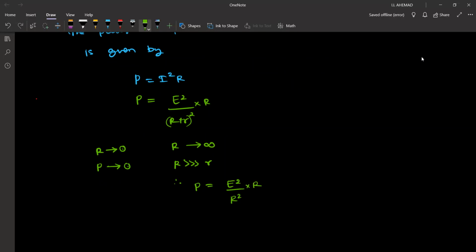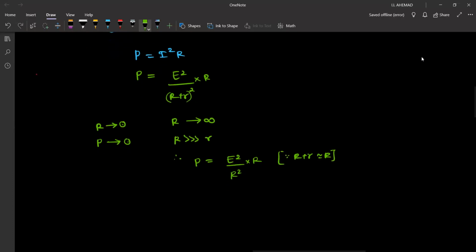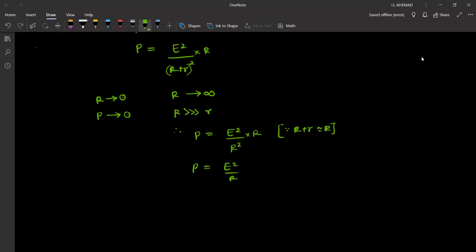That is why I straight away wrote R plus r as almost equal to capital R. So P is equal to E squared over R. Now, if R is going to infinity, then P is going to 0.